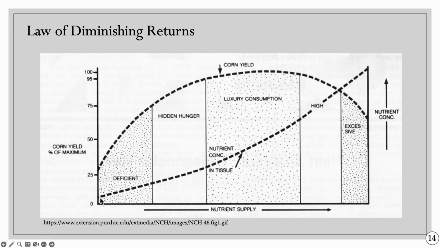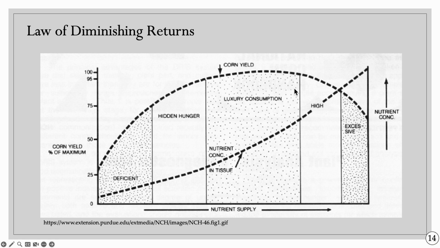So as I mentioned before, applying nutrients or applying fertilizer does not result in a one-for-one yield. It is not a linear thing. So that if I apply 300 pounds of nitrogen, I should get 600 bushels of corn. It's actually what we call the law of diminishing returns, in that you can only get so much yield for the nitrogen that you apply.